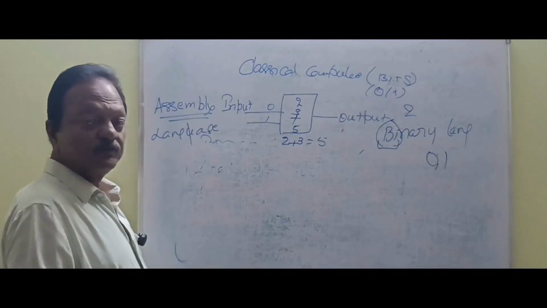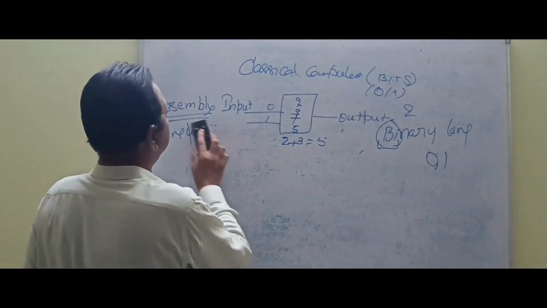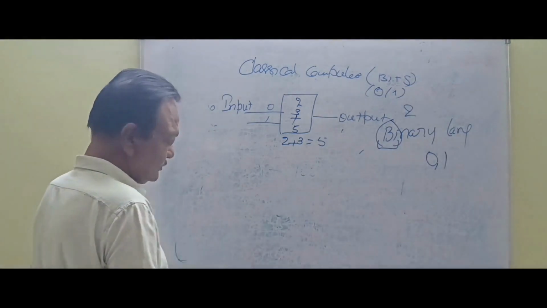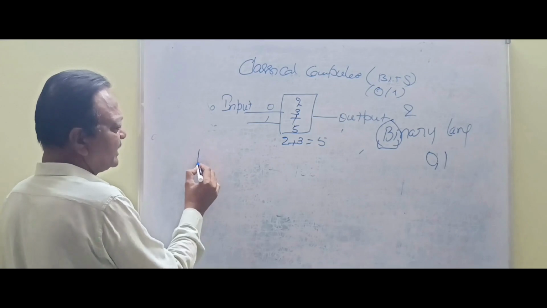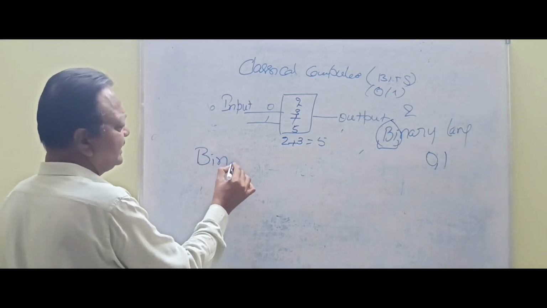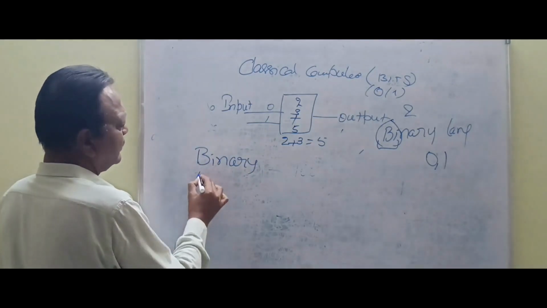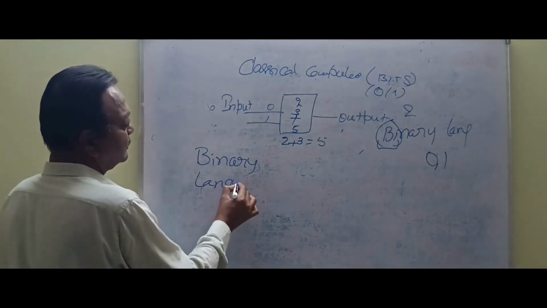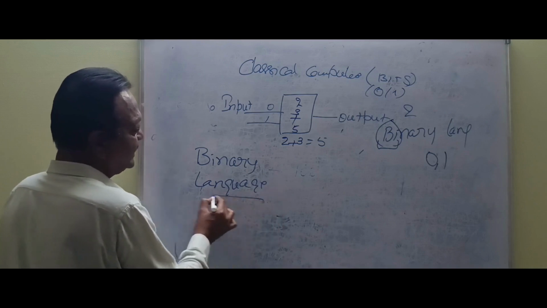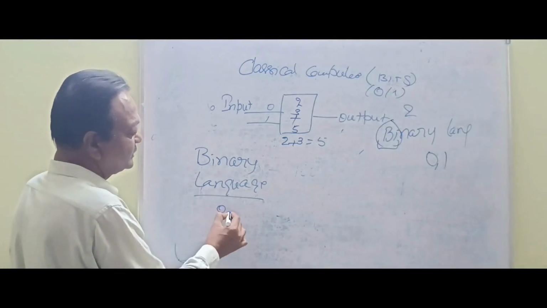Now what languages are we having? First, the system understandable language is binary. Binary language using zeros and ones.